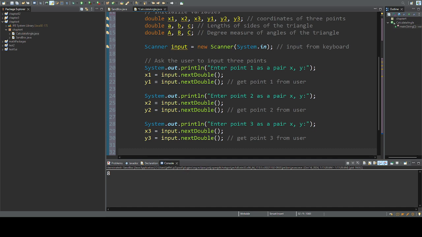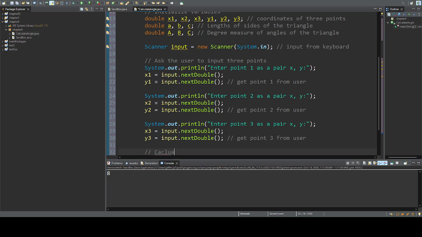But what I want to do now is I want to compute the sides. And what I'm going to do is I'm going to say that side A is between points 2 and 3. Side B is between points 1 and 3. And side C is between points 1 and 2. This is just to match the way your book does this and the listing it does.